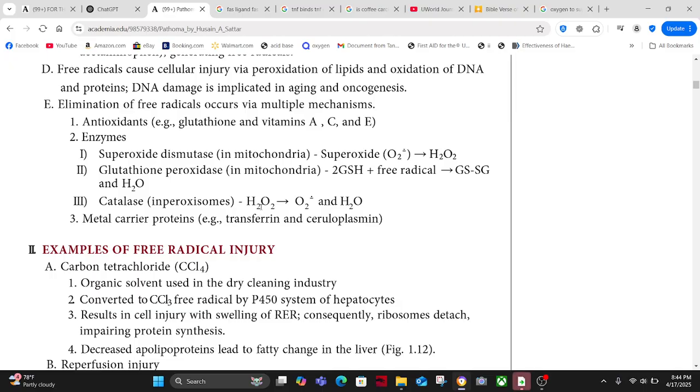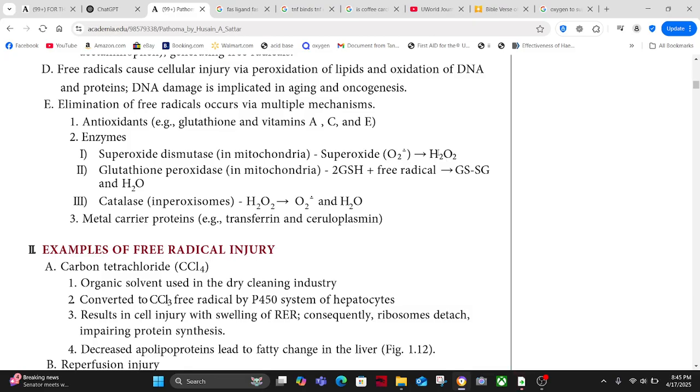The hydrogen peroxide is converted to oxygen and water by catalase. So in the end, you get water and oxygen, and the body is rid of free radicals. The superoxide itself is a free radical. H2O2 is not a free radical. I said it was earlier, and that's a mistake. Hydrogen peroxide is not a free radical, but it can form free radicals.